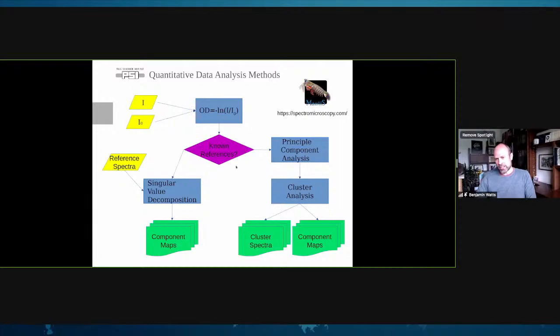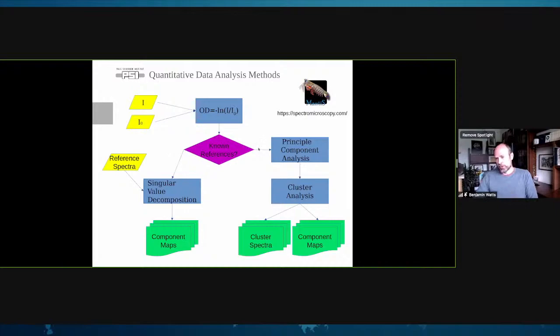And then we have to ask ourselves, do we know what materials are present and have their spectra? If the answer is yes, then we can measure those reference spectra and do a singular value decomposition to get the component maps. So then we have the sort of percentage composition in each pixel of those images that we took.